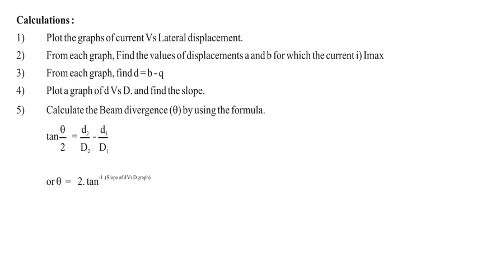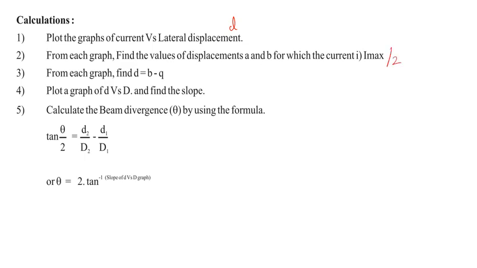Here lateral displacement means d, and from each graph find the values of the displacement A and B, for which the current I is maximum, divided by 2. It should be divided by 2.